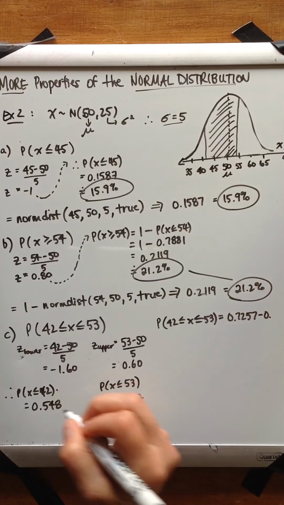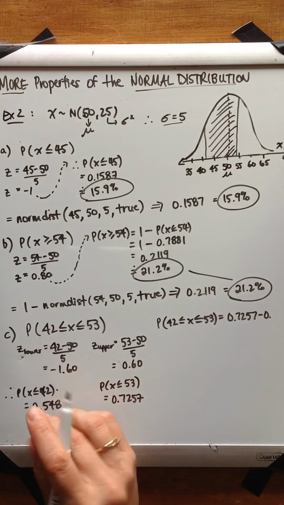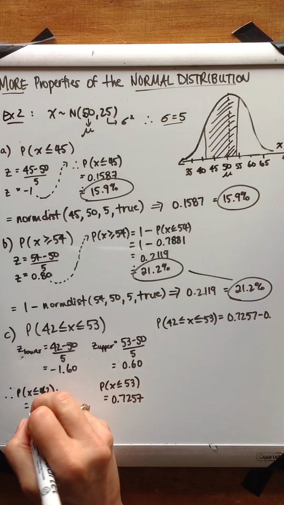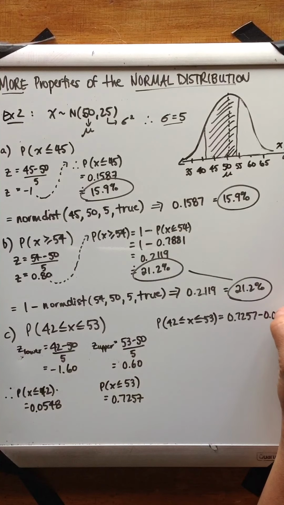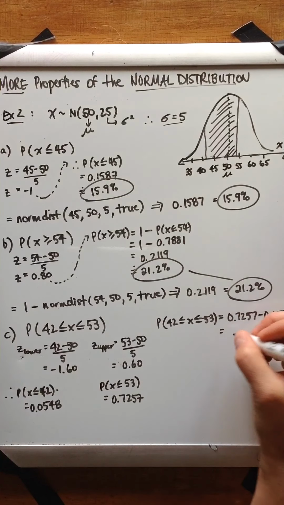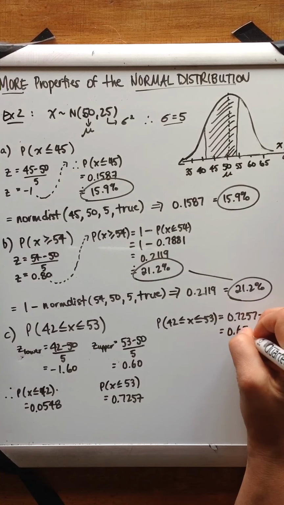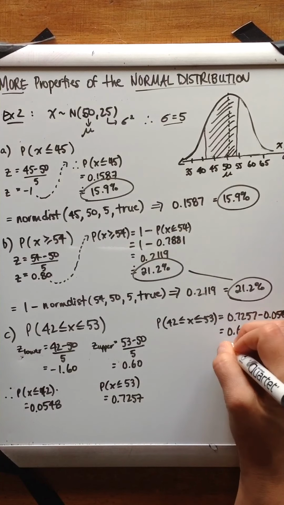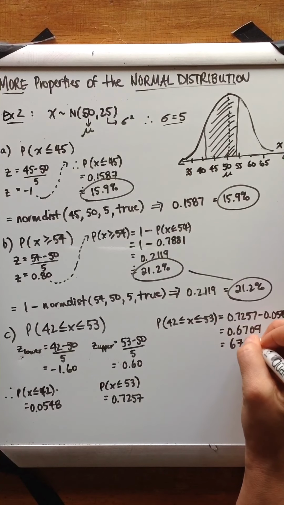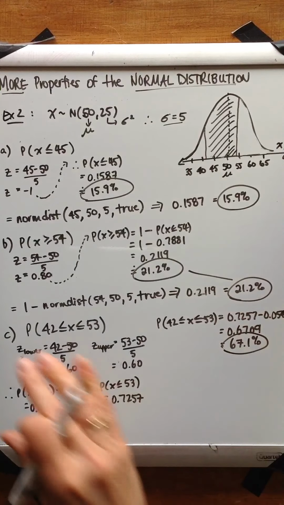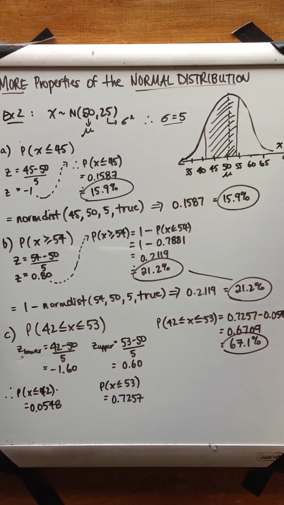There was a 0 in here I think I missed. I did. Let me just go back and correct that. Sorry about that. I was thinking I should have 4 digits. There we go. And when you do that subtraction, you get 0.6709, which if you wanted to write as a percentage would be 67.1%.